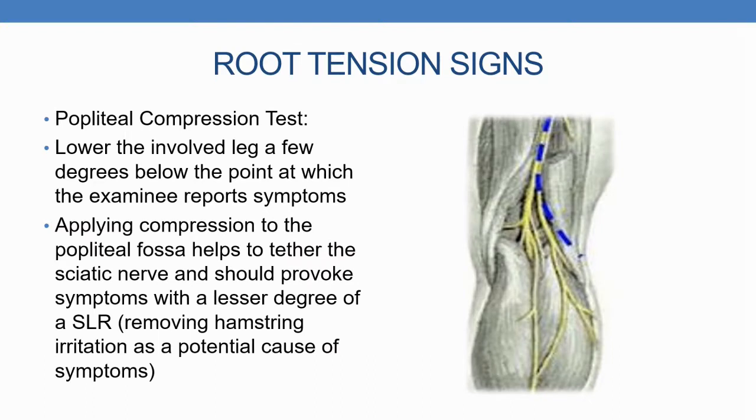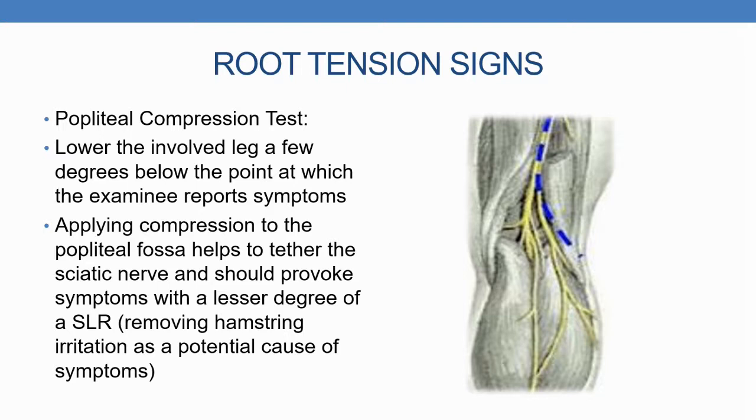So in order to help sort out some of the possible pain contributors, we have a variety of tests to help us. The first of which is the popliteal compression test. The purpose of the popliteal compression test is to help us determine if indeed it is the lumbar spine nerve roots that are a source of pain, or is the pain coming perhaps from the facets or from some other structures.